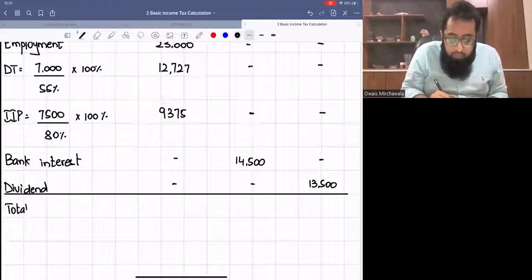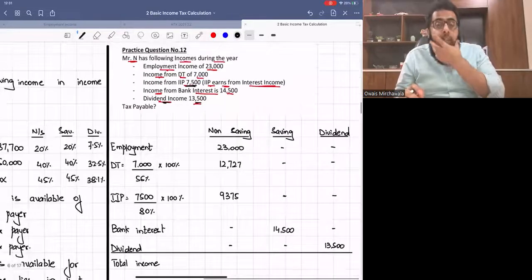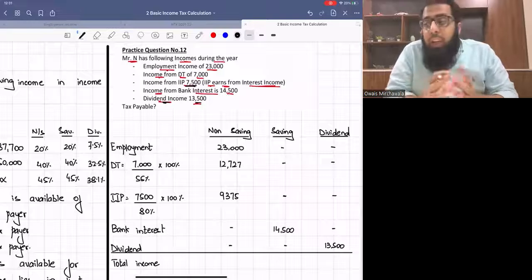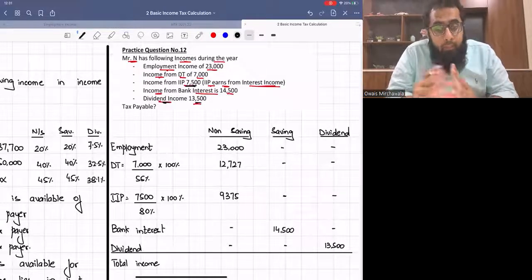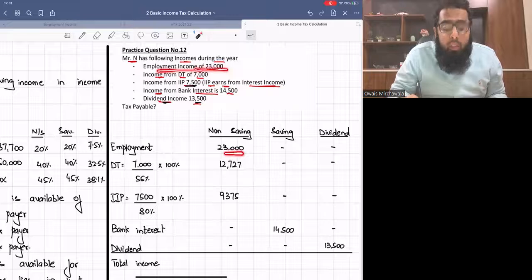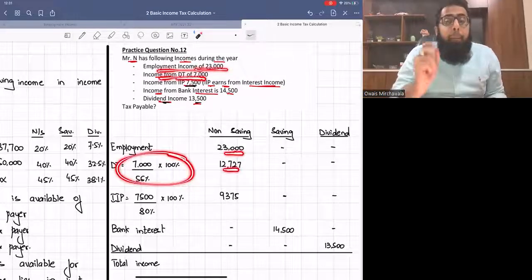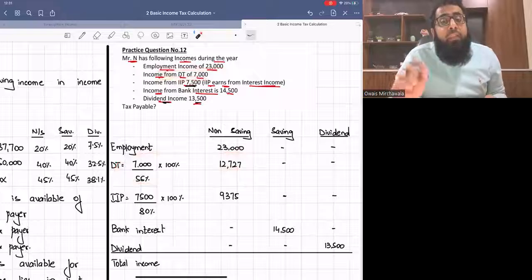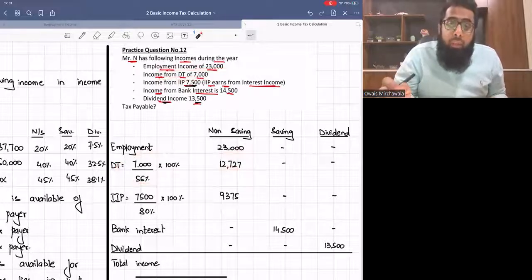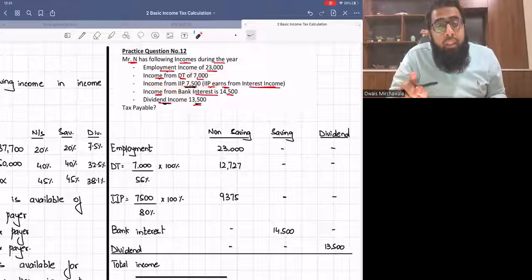Now we arrive at the value of total income. Let's repeat what we have studied. First of all, we have to classify all the incomes. Employment income 23,000, it is a non-saving income. Discretionary trust is a non-saving income, but there is 45% withholding tax on it. Income from IIP is 7,500.